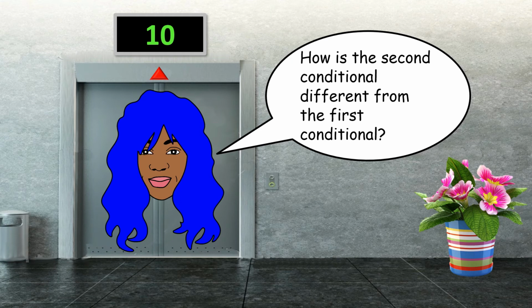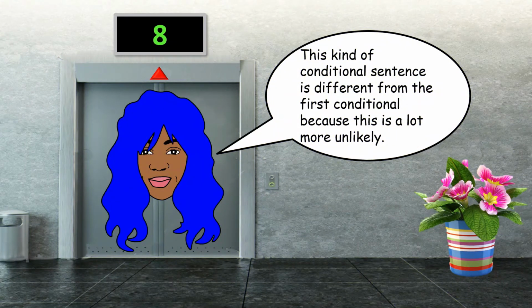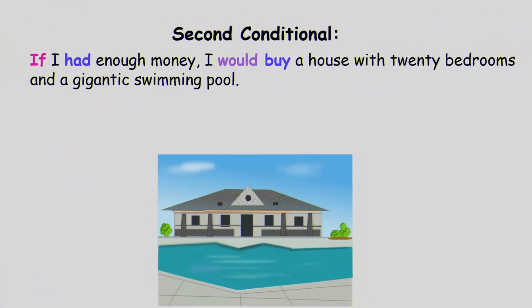How is the second conditional different from the first conditional? This kind of conditional sentence is different from the first conditional because the second conditional is a lot more unlikely. For example, second conditional.